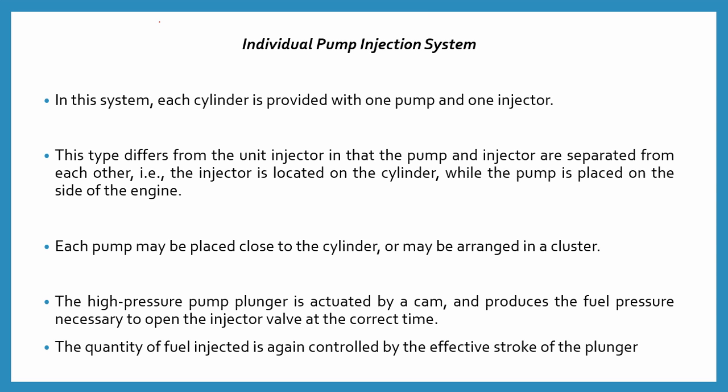Each pump may be physically placed on its cylinder, or it may be arranged in a cluster. The high pressure pump plunger is actuated by a cam, and it produces the fuel pressure necessary to open the injector valve at the correct time.